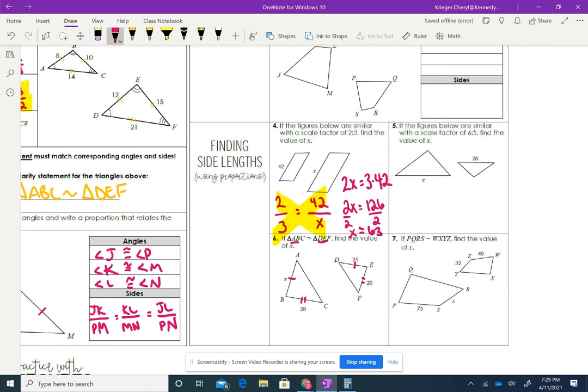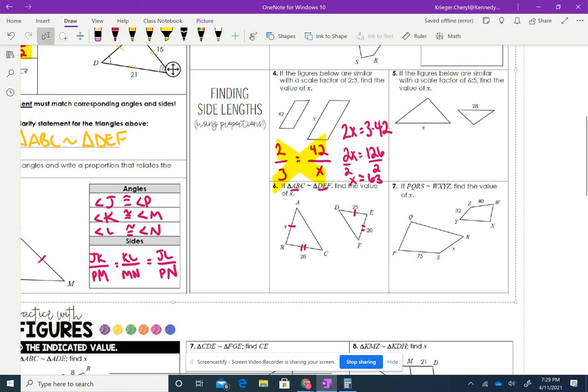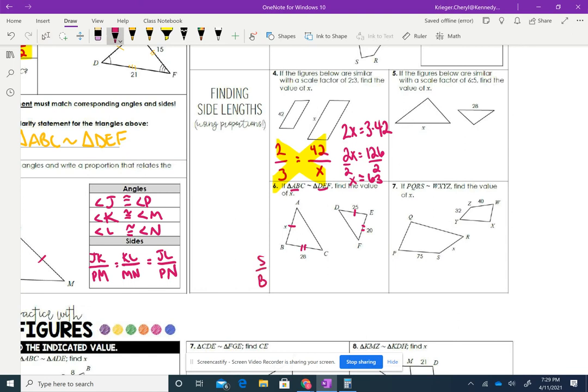So you have to choose, do you want to do big triangle over small triangle or small over big? Okay, so I'm going to do small over big. So I would put 25 over x equals 20 over 28.